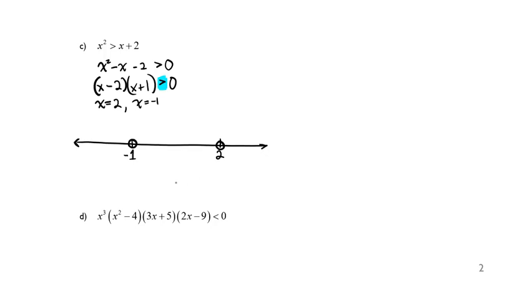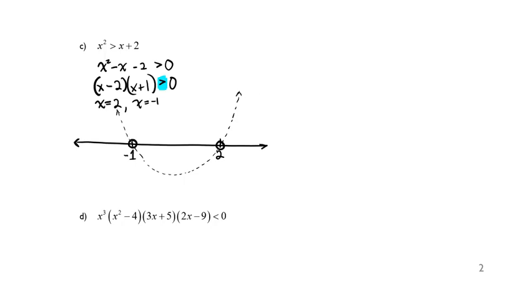I can use the rules I know about this polynomial. This polynomial is a quadratic. That means it has a parabola shape, and if I sketch that general shape, it will cross through at negative 1 and cross at 2, and it will be an upward opening parabola.